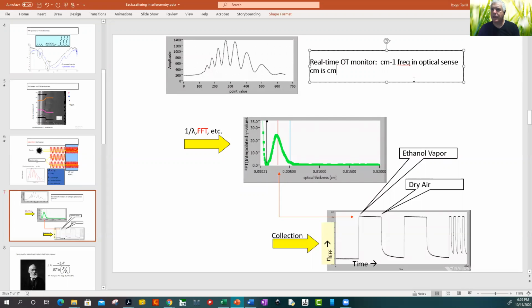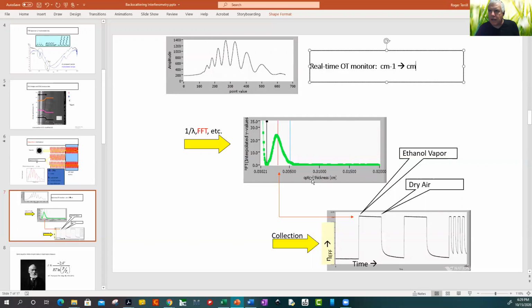It's the opposite, so reciprocal centimeters transforms to centimeters. Just take 1 over that axis. So you can go from time to frequency, or reciprocal centimeters to regular centimeters.